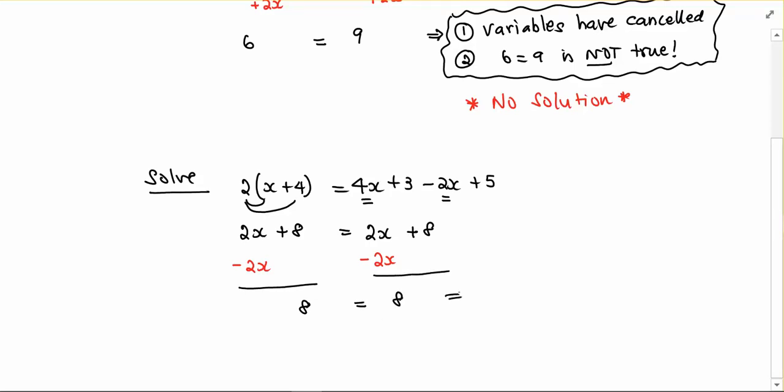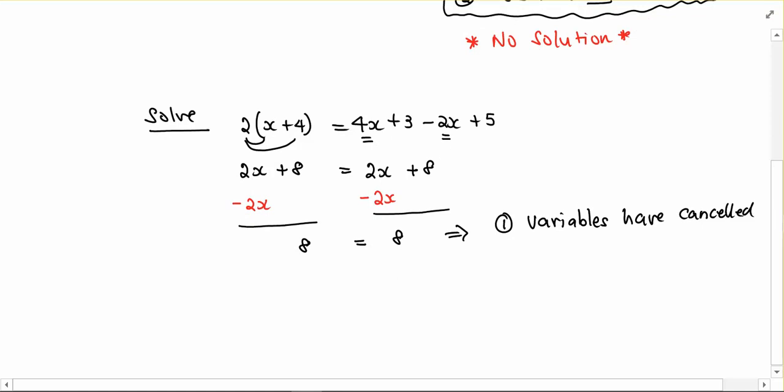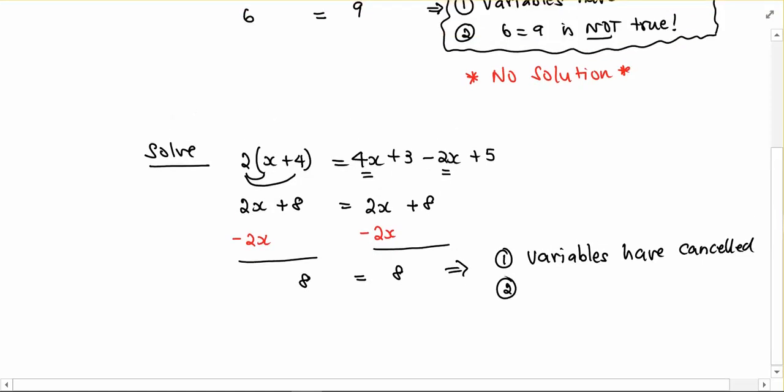Well, in this situation, let's see. One, variables have cancelled, just like before. But there is a slightly different statement here. It's saying 8 equals 8 is a true statement.